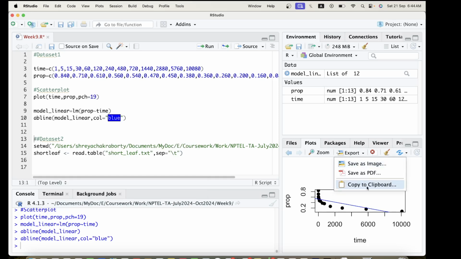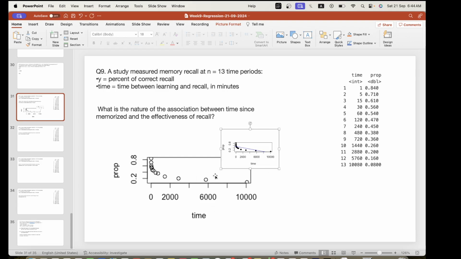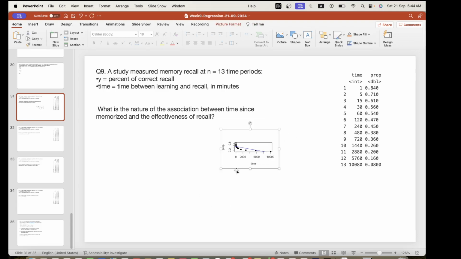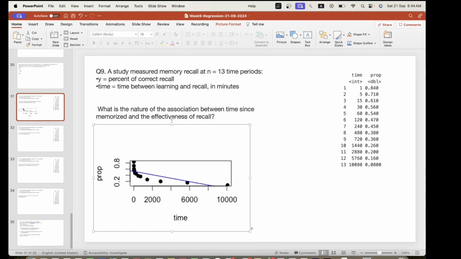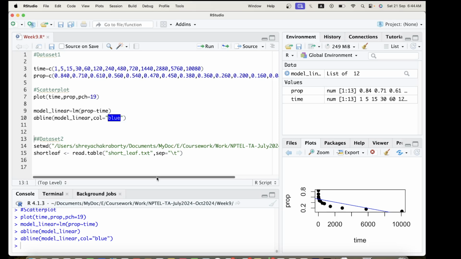So now, this is the linear regression fit. From here itself we can see that the fit doesn't look nice. But still, let me find out how the residual plot looks.